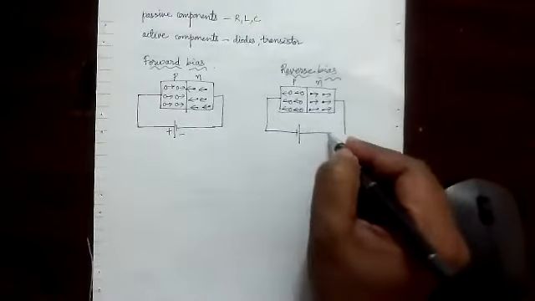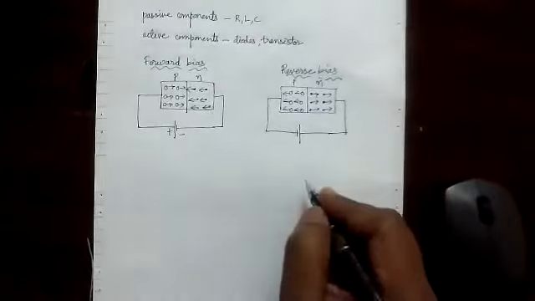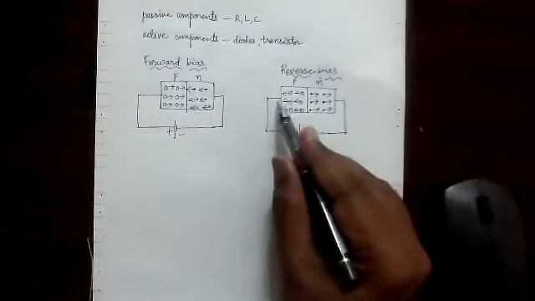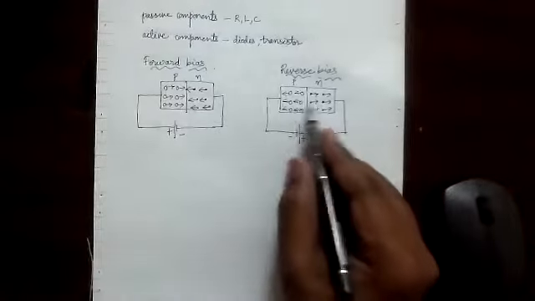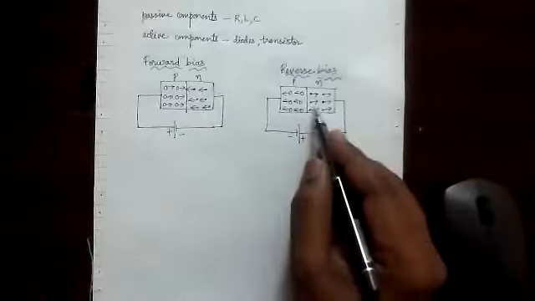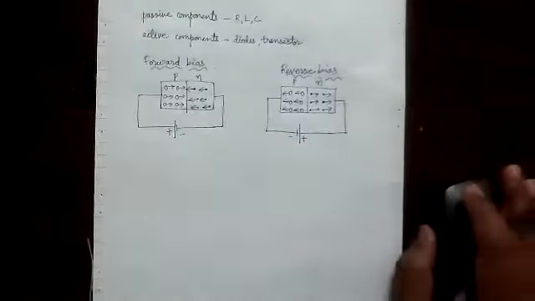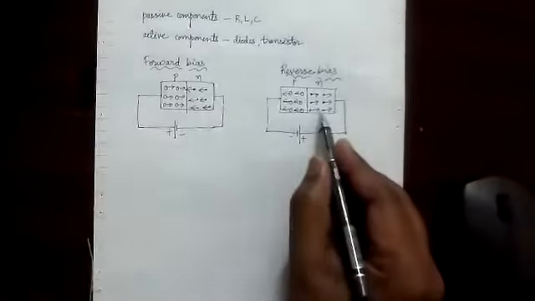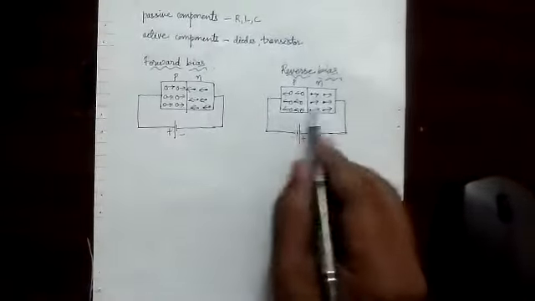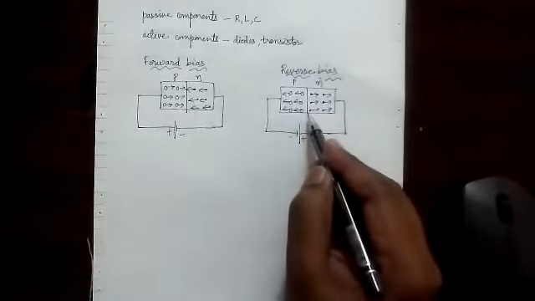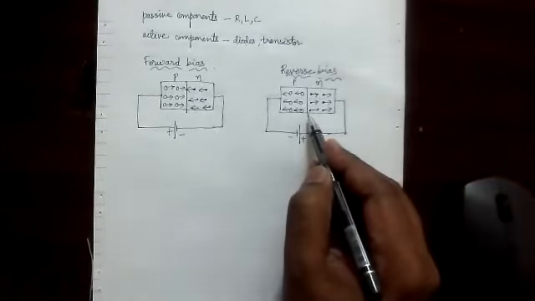Electrons and holes are moving in opposite directions. That means electrons are moving away and holes are also moving away. There is no recombination taking place, because of which the thickness of the depletion region will be more.